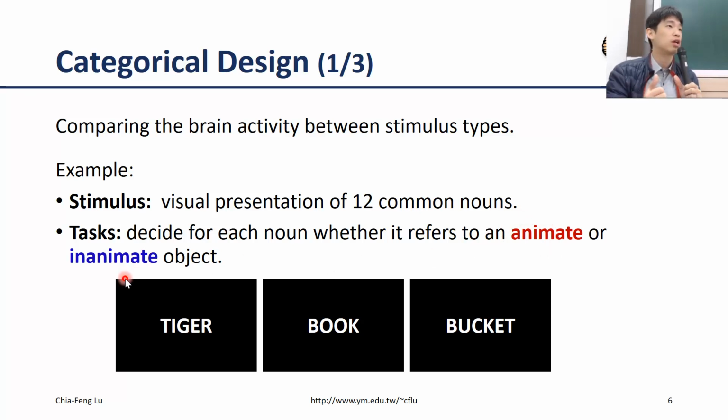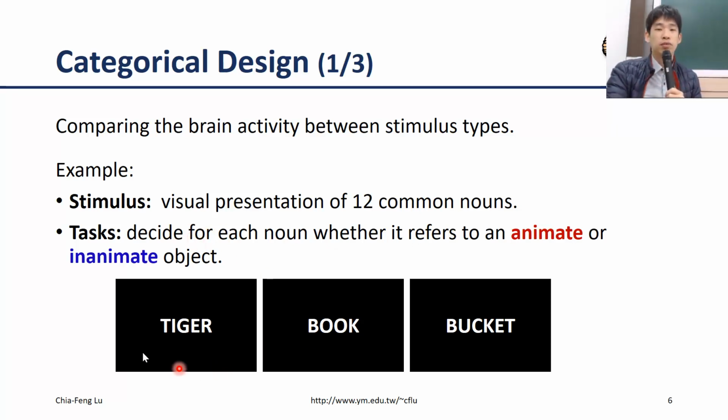He needs to use a button to give the response. If the noun belongs to the animate, then you click the left button. If it belongs to the inanimate object, then the subject needs to press the right button.